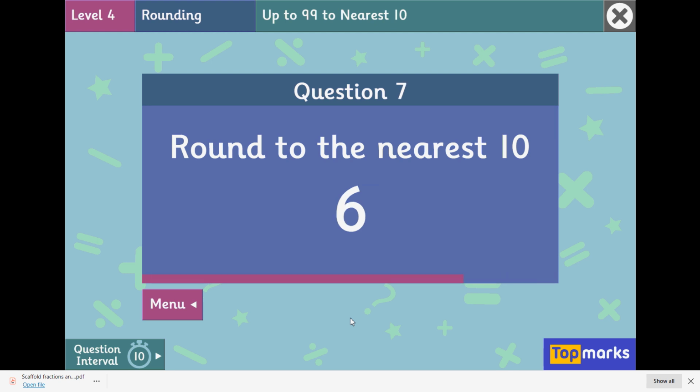Round to the nearest 10, 6. Round to the nearest 10, 57. Round to the nearest 10, 58. Round to the nearest 10, 76.